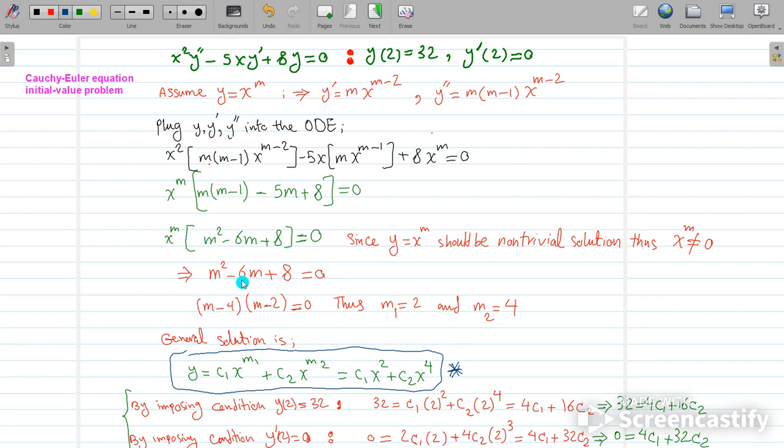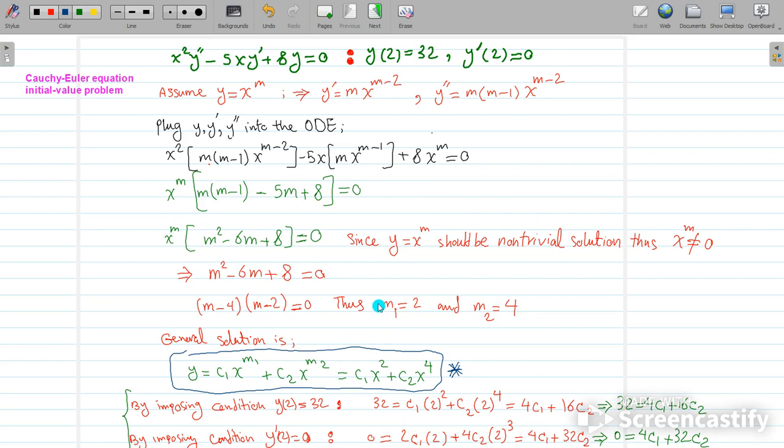It means m squared minus 6m plus 8 equals 0. So how can we solve this equation? There are different ways to get it, but the easiest is this type of factorization, or you could use the quadratic formula or something like that.